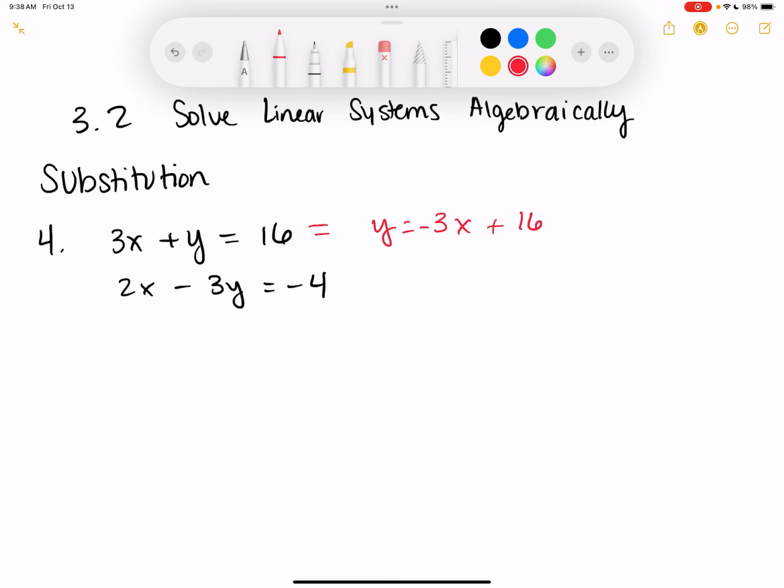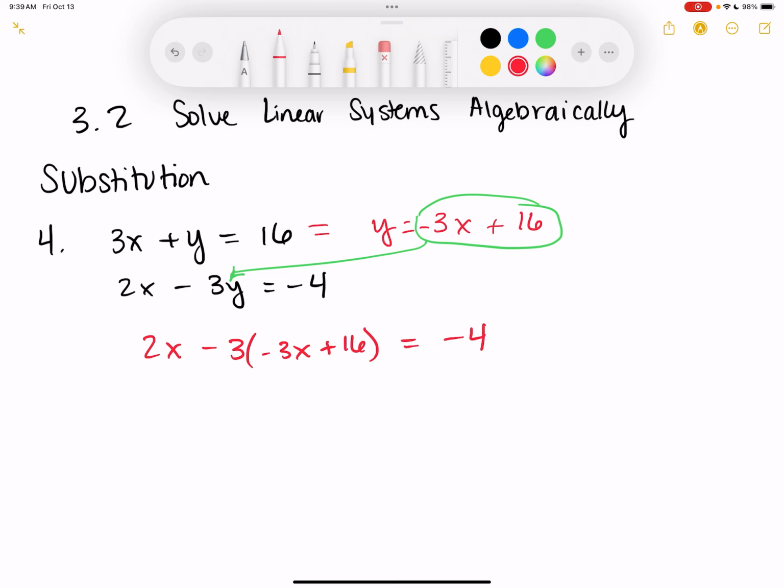And now I take this and I plug it in for y in the other equation. So I'm going to have 2x minus 3 times negative 3x plus 16 is equal to -4.